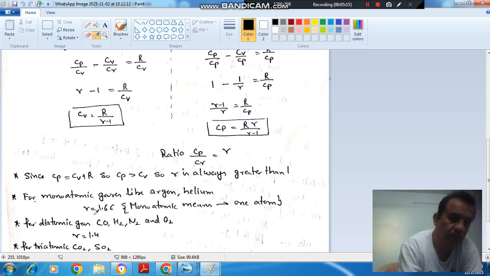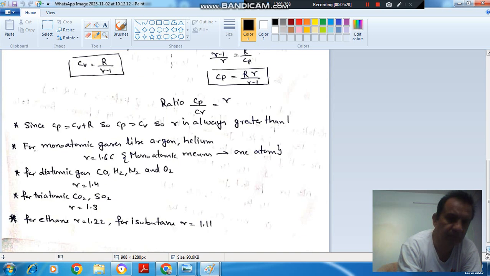For monatomic gas, gamma is 1.66, for diatomic gas like CO, H2, N2, O2, gamma is 1.4, for triatomic it is 1.3, for ethane it is 1.2, and for isobutane 1.11. So these are the values of gamma.